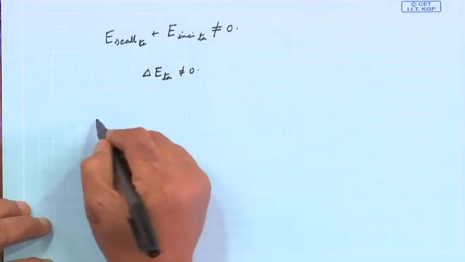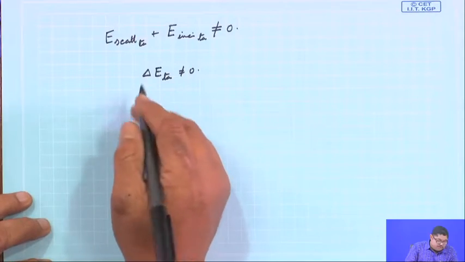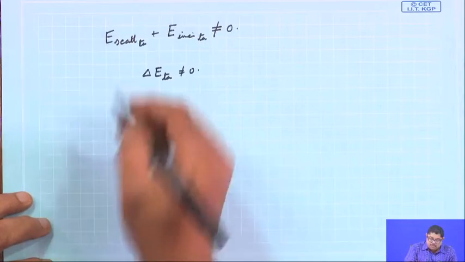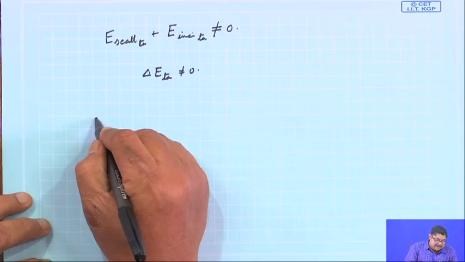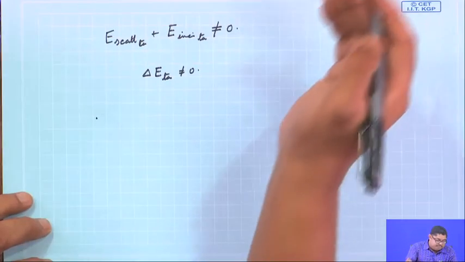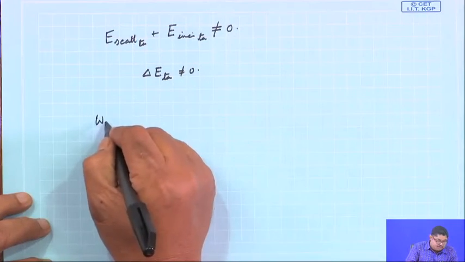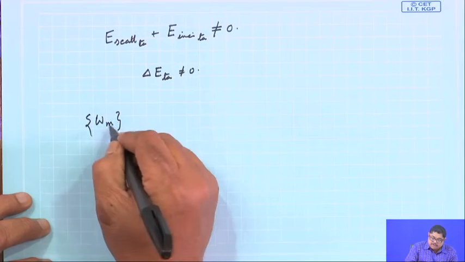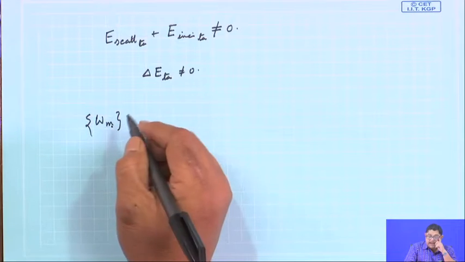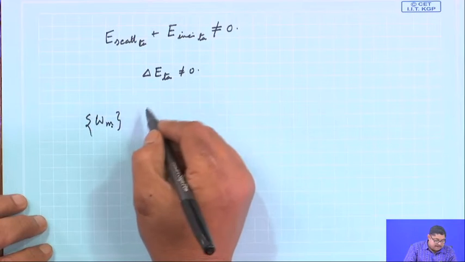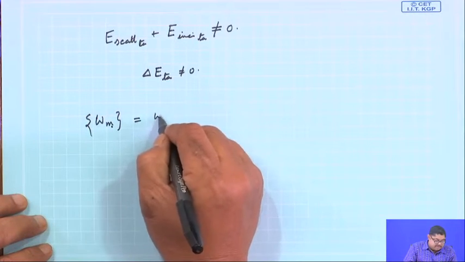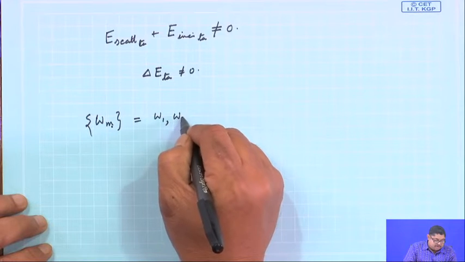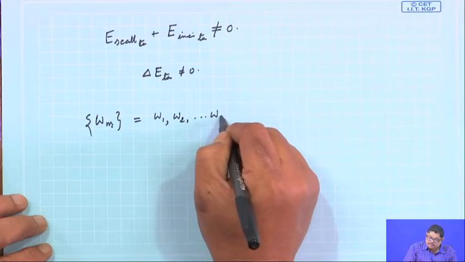Now, let us come to our point. We define W again as a set of testing functions. Since it is a different one, I am using a different subscript m, but it is again made of W1, W2 up to Wn.